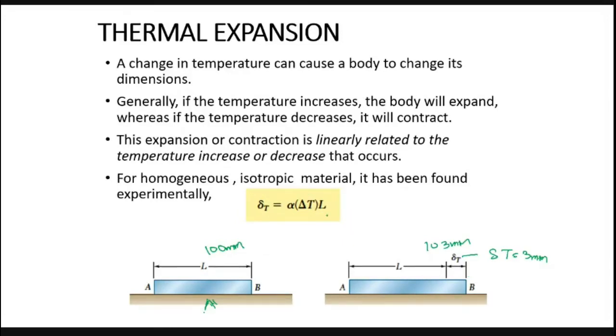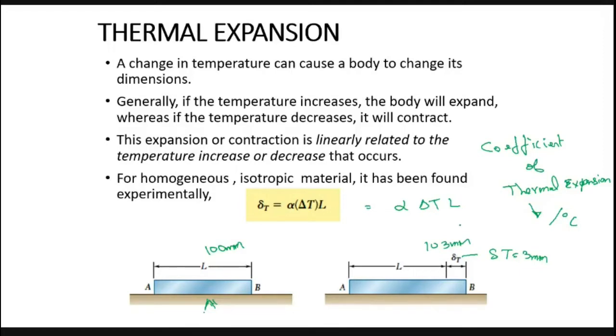This can be identified. What will be this del T expansion? That can be identified by using the formula alpha into del T into L, where alpha is the coefficient of thermal expansion. This will be in per degree centigrade.